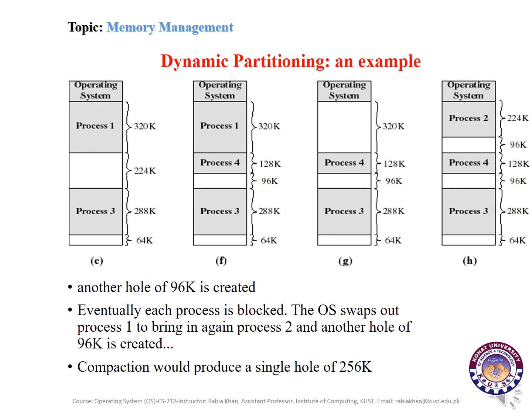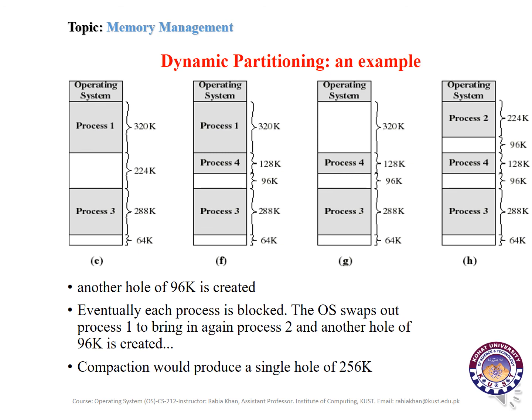So the operating system, for example, swaps out process 1, which is already blocked and not currently running, and a free partition of the size of process 1 is created, as you can see in figure G. Process 2, which is of size 224 KB, is loaded in that partition, as you can see in figure H. And another small hole of 96 KB is formed.